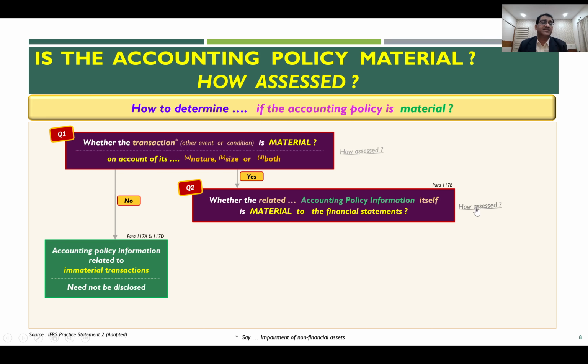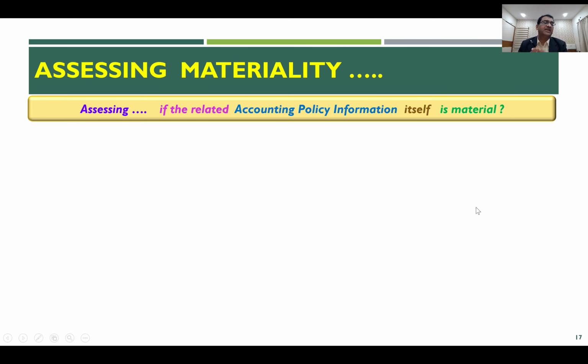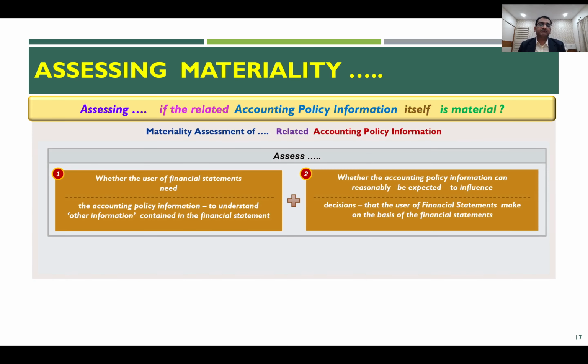In those circumstances, even if the transaction is not material, the policy might be considered to be material. Let's see what guidance the standard gives on this. To get the answer to question number 2, whether the accounting policy information itself is material, you have to assess these two things listed on the slide. So you have to ask these two questions.